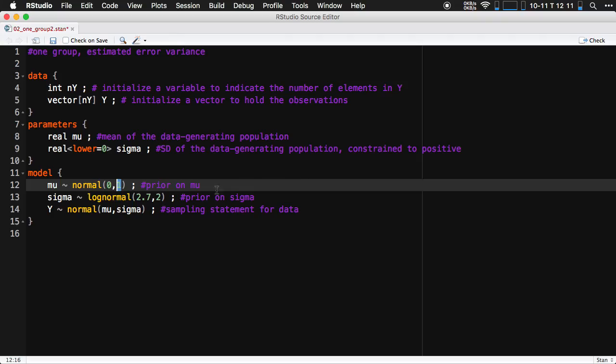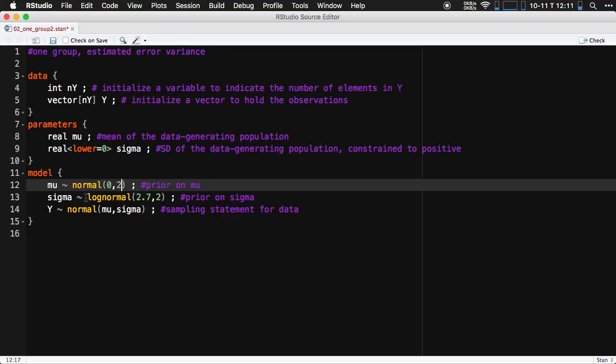If you wanted to be even less certain, you can put a value of like 2 over there. A value of 10 would reflect a fairly large variability in your prior, 10 times more than the noise you observe in the data. So that would be really extreme.